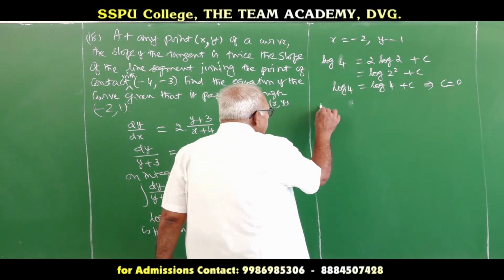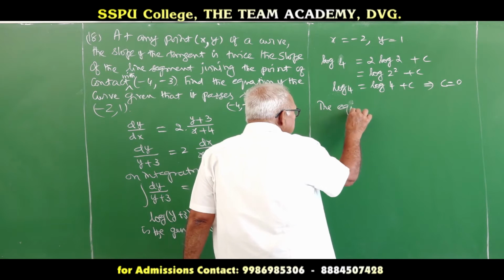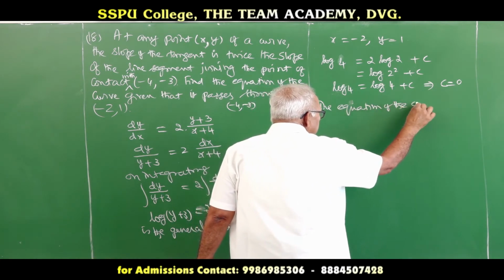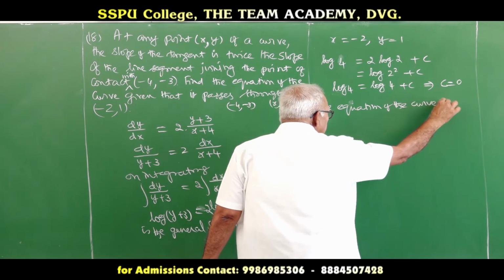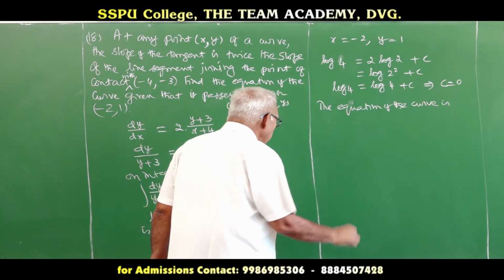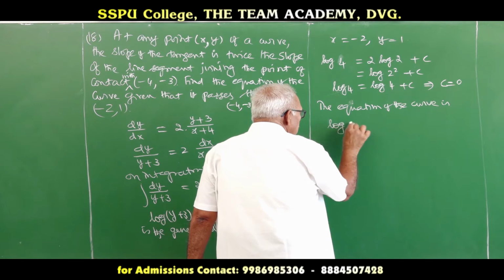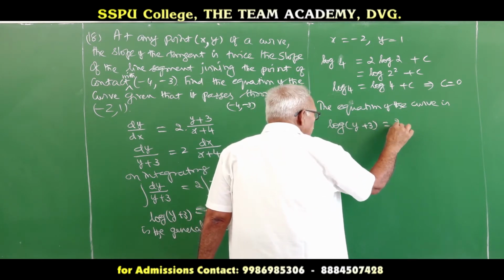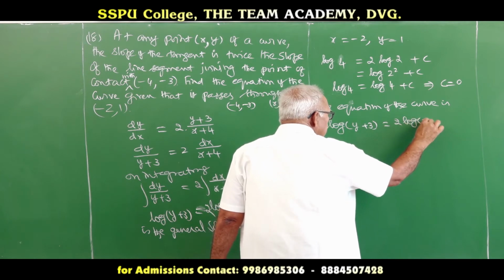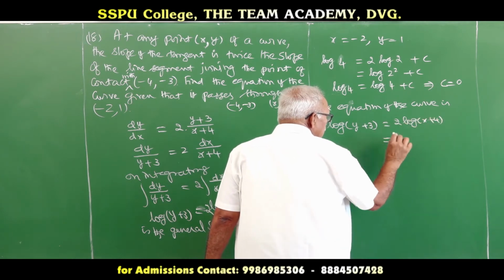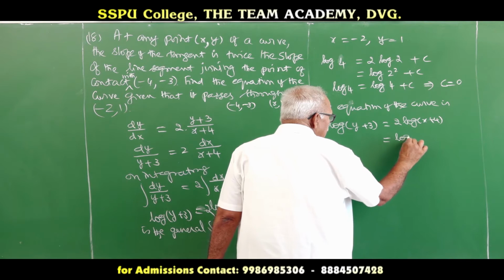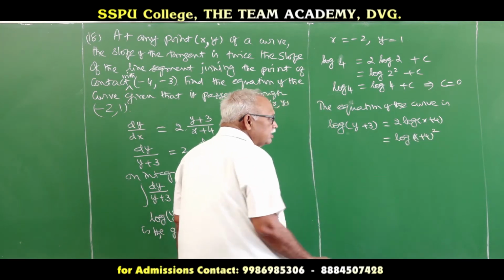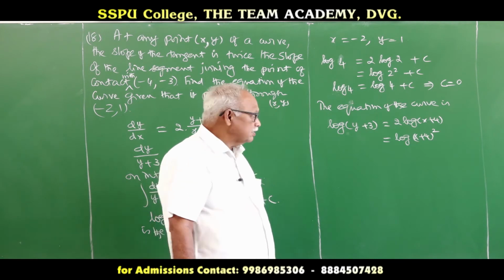So, now the equation of the curve is log of y plus 3 is equal to 2 log of x plus 4. This is log of (x plus 4) whole square. Log of y plus 3 is equal to log of (x plus 4) square.